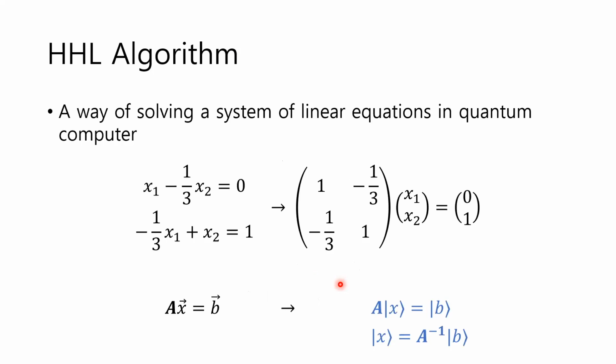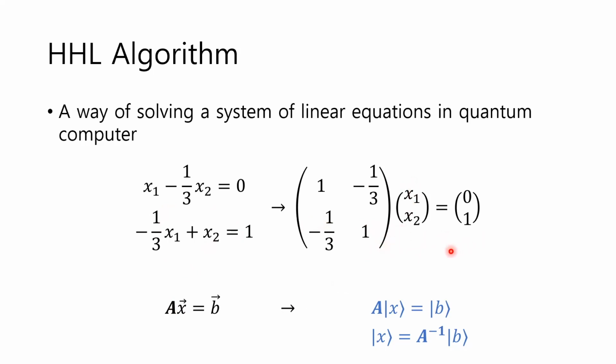So the HHL algorithm is a way of solving a system of linear equations on the quantum computer. As you can see, the linear equations here can be rewritten in the form of a matrix and vectors like this.